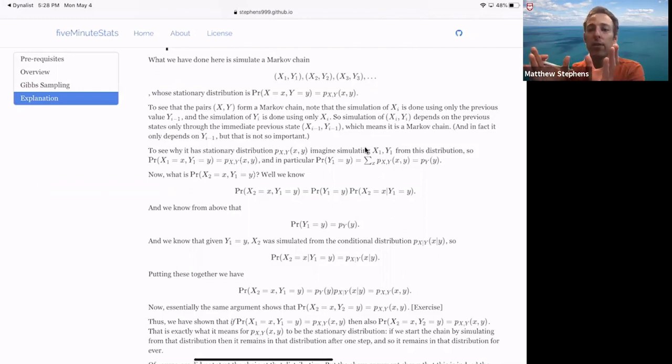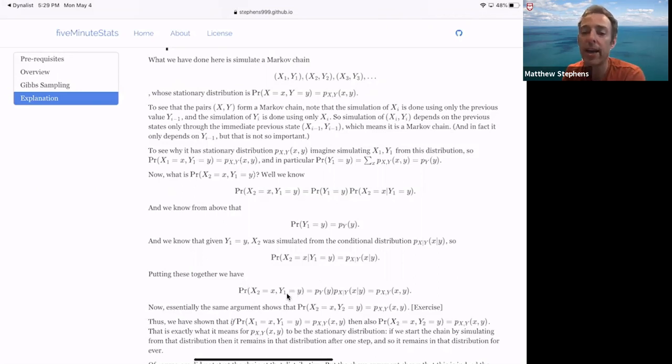So if we then generate x2 using the conditional distribution of x given y, we know that y came from its marginal, so the joint distribution of x2 and y1 is just the marginal for y times the conditional that x2 equals x given y. That's this distribution, because that's what we used. And when we multiply this by this, we get the joint again. So what this says is that if x1 and y1 are from their joint, then x2 and y1 are also from the same joint.